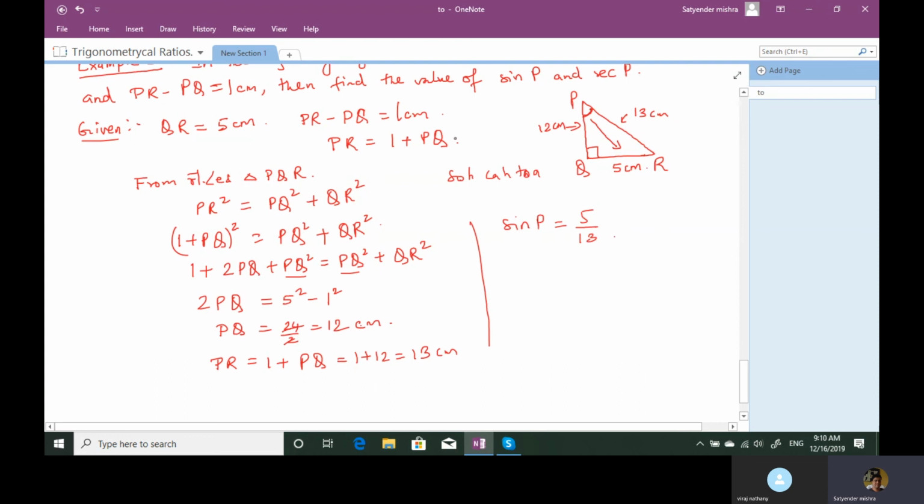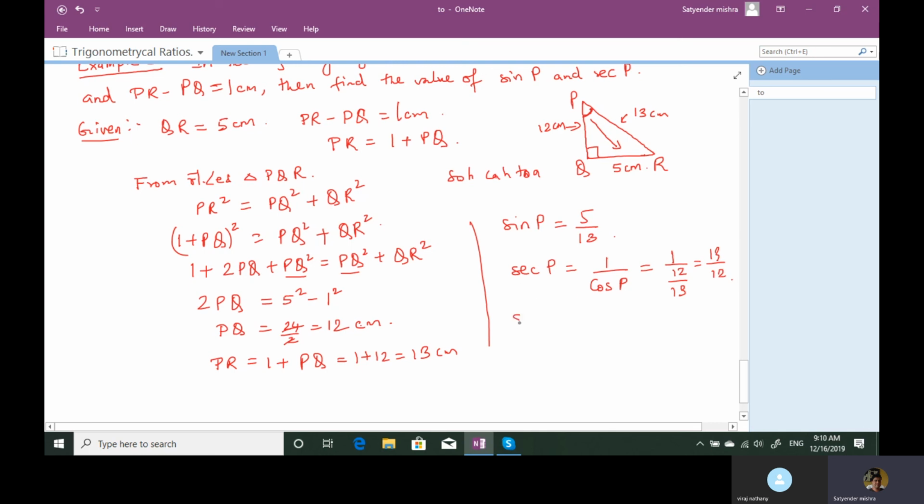Then next I need to find out sec P. Sec is basically 1 by cos. So what is cos? Cos is adjacent by hypotenuse. Adjacent is 12 and hypotenuse is 13. So 1 divided by 12 by 13 is equal to 13 by 12.